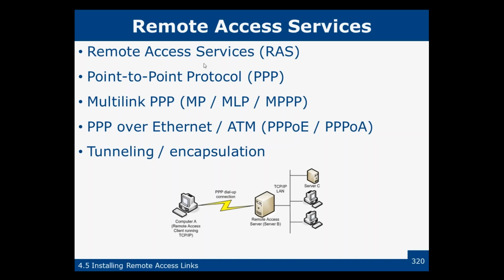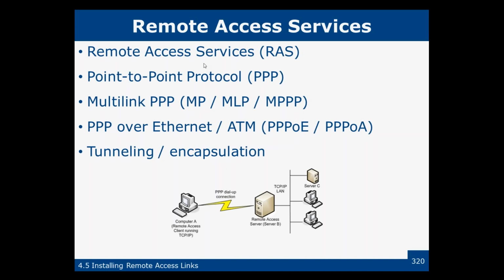When we get to VPNs, at least in Windows, the VPN is a dial-up service. So in order to allow somebody to connect to the network via a Windows server, you're going to have to give them dial-up access. Point-to-point protocol is the layer 2 protocol that's typically used with this, point-to-point tunneling protocol.